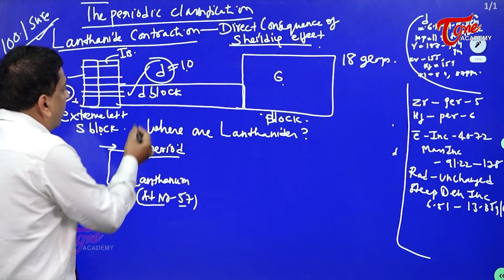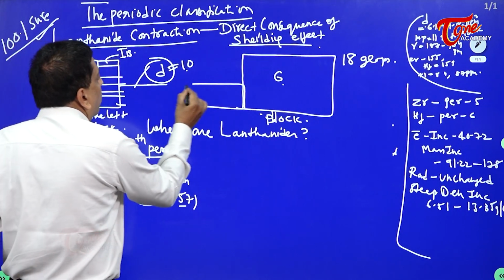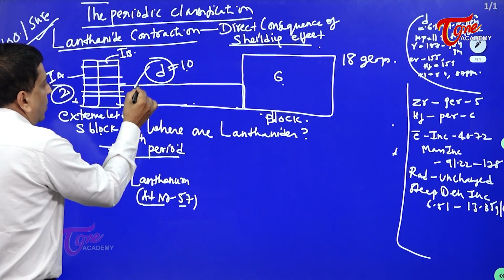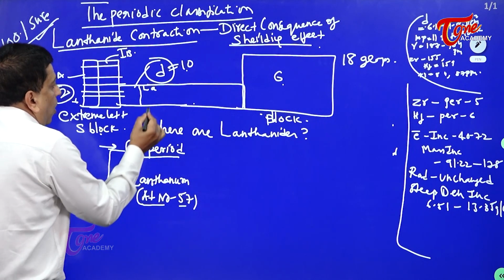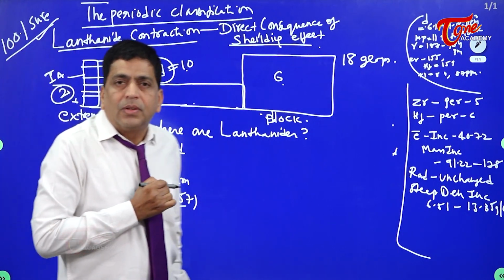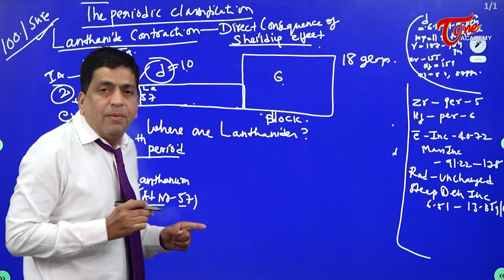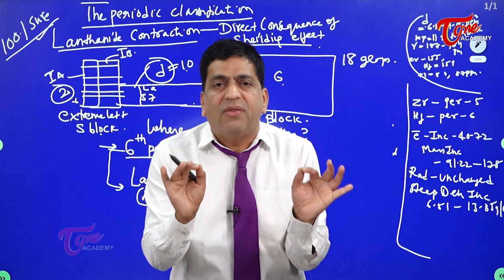And watch, if this is lanthanum with atomic number 57 because it belongs to the D block, after lanthanum you're supposed to get 58.